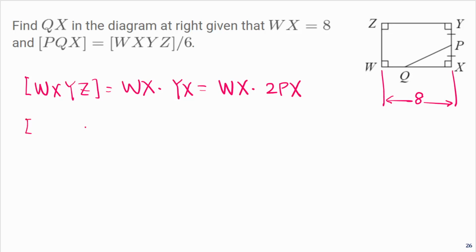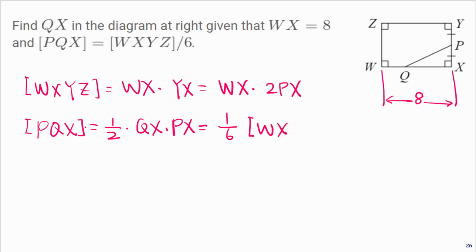And the area of PQX is given by half of QX times PX, and this is 1/6 of the area of WXYZ, and therefore this is 1/6 times WX times 2PX.